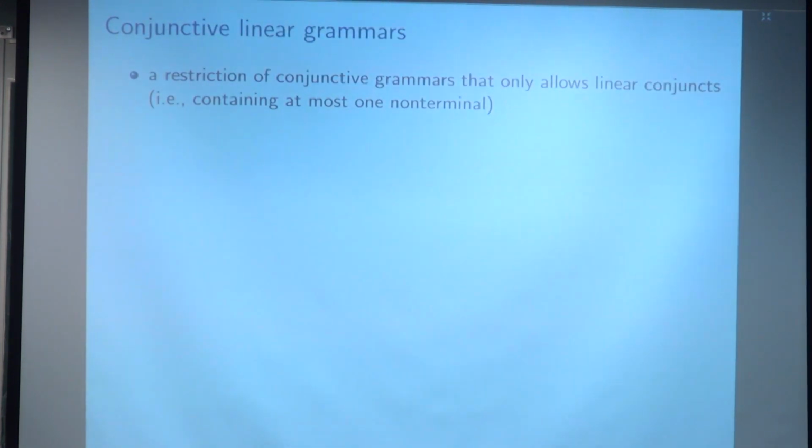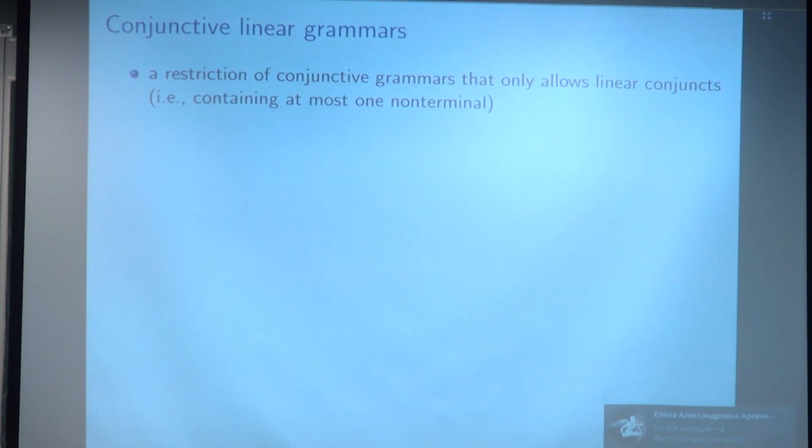Then I have examined conjunctive linear grammars, which are a restriction of conjunctive grammars, such that every conjunct is linear, that is, contains at most one nonterminal.